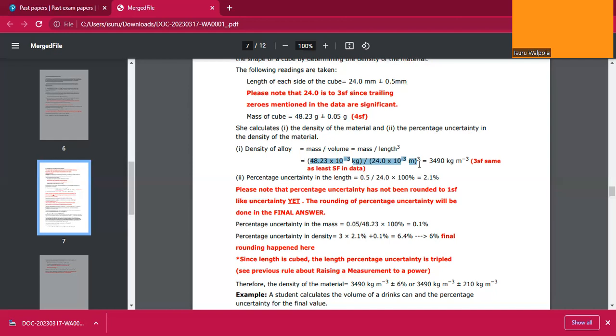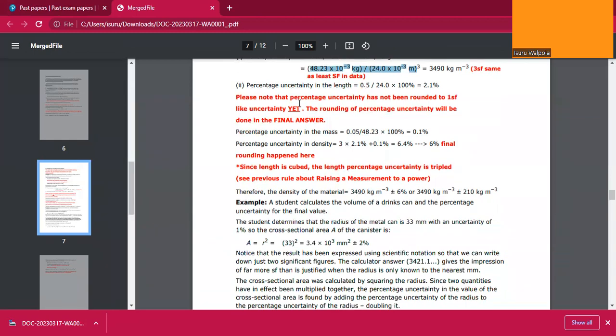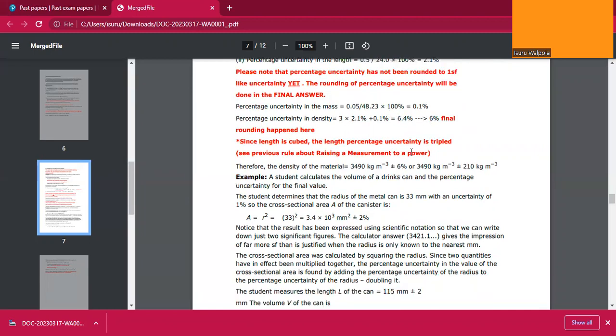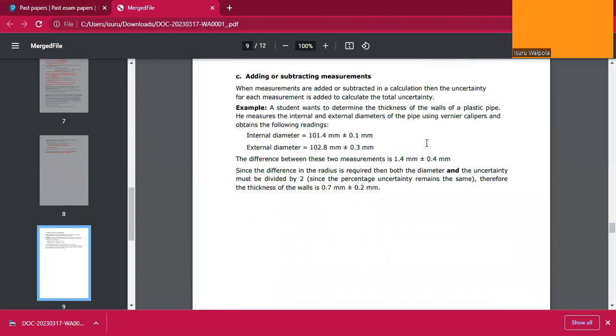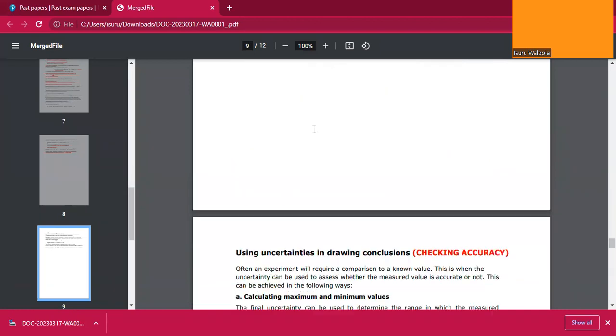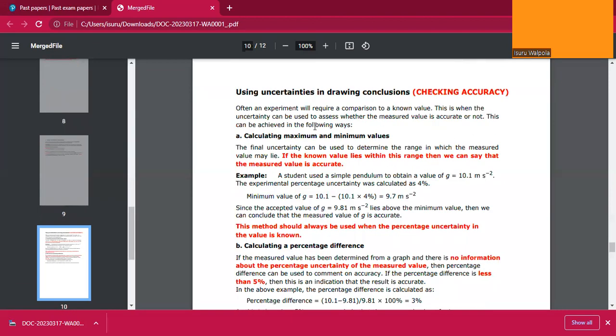You can check that out and look at the mark scheme. I would recommend it. Anyway, so that's how they got the final percentage uncertainty, and the logic behind the rounding. So that's that. Now let's directly get into the examples. So question number 4. Oh, we'll come to this after doing an example.